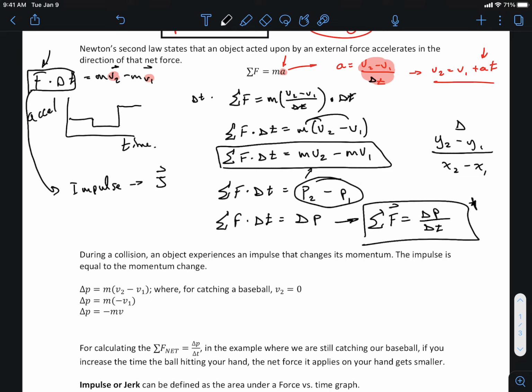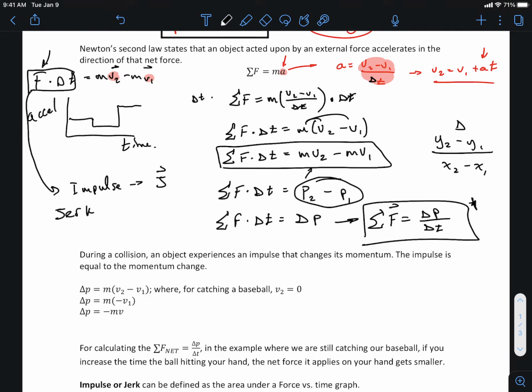Now, to use the letter J, you might ask yourself, why are we picking J with impulse? Well, J can also stand for jerk. This is what you would experience in a car if it's accelerating and its acceleration changes.